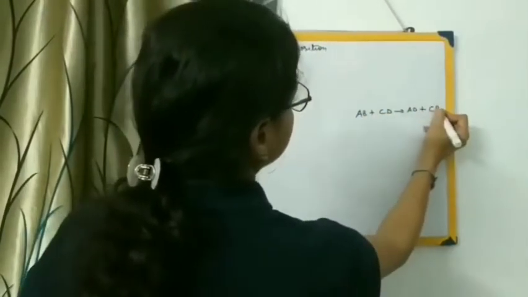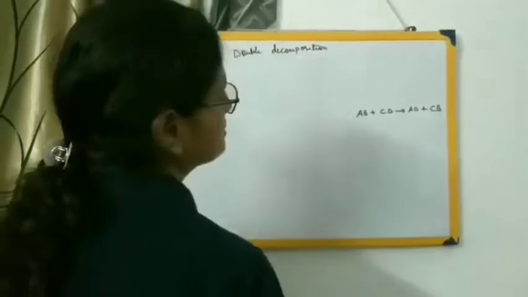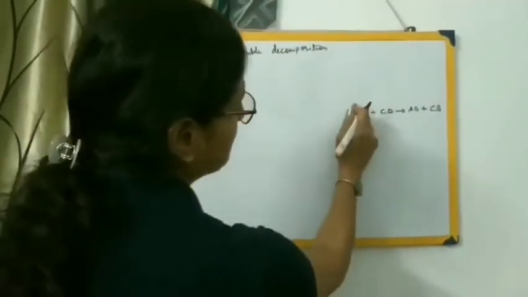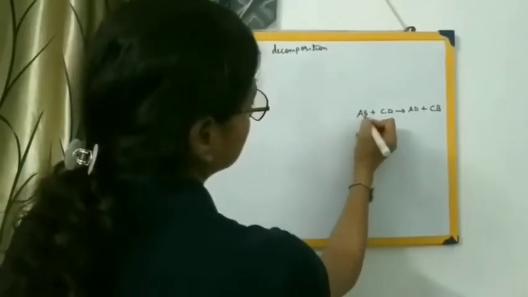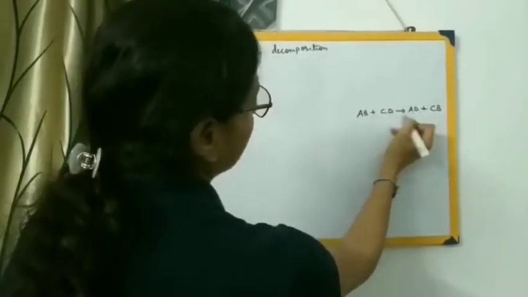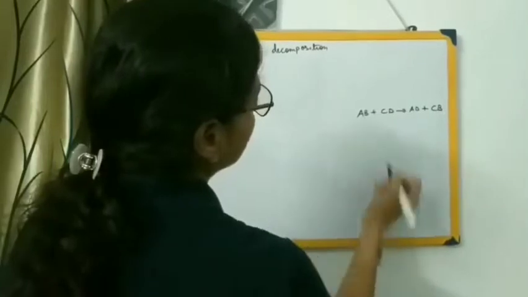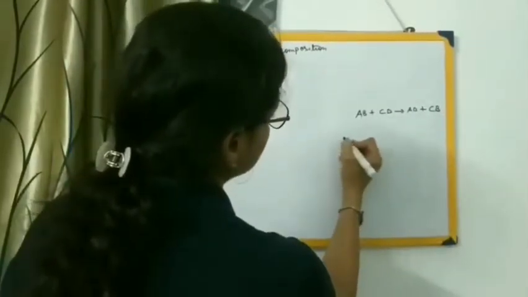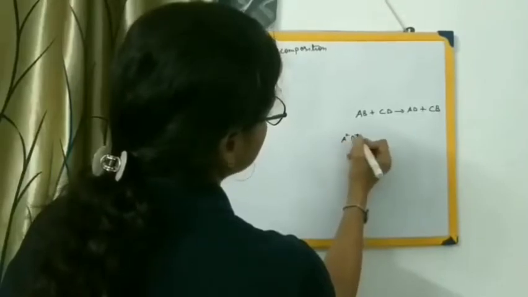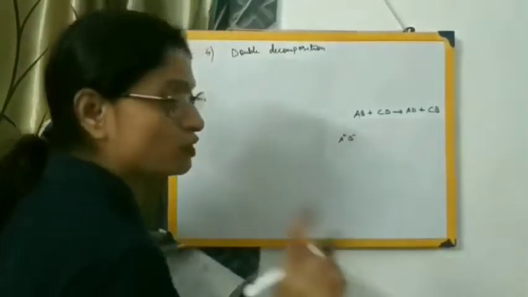plus CB. Now what exactly is happening? AB is a compound, CD is another compound. Both the compounds are breaking up, so A is coming along with D and C is coming along with B. Let's see the ionic form of the reaction, where we have A plus B minus, because every compound has a positive and a negative ion.